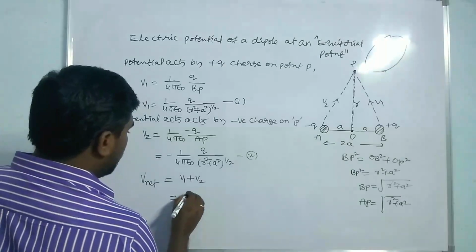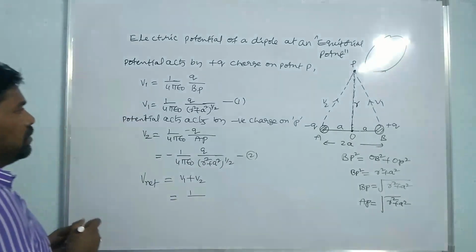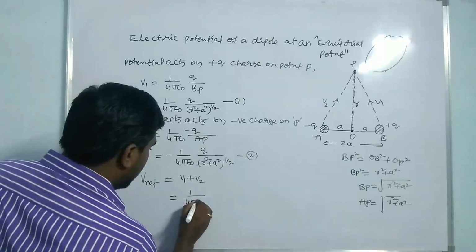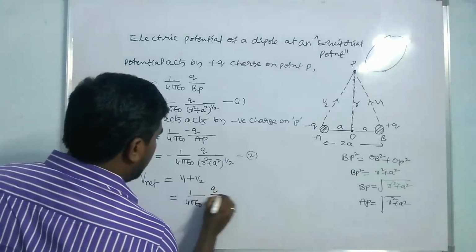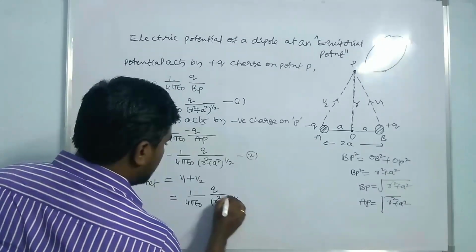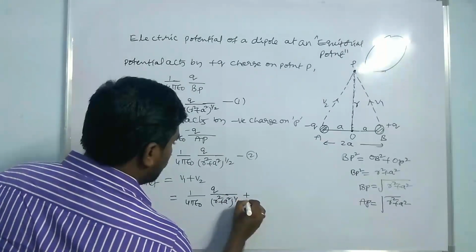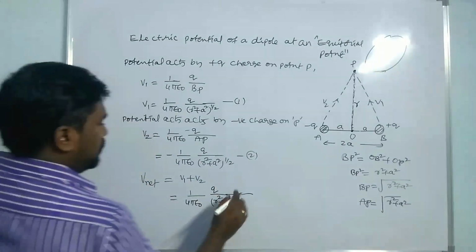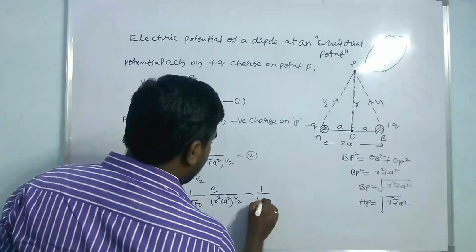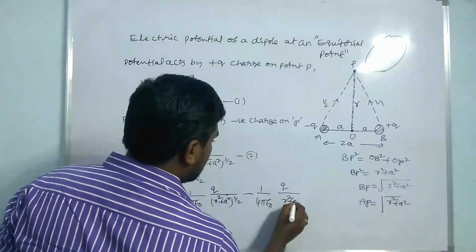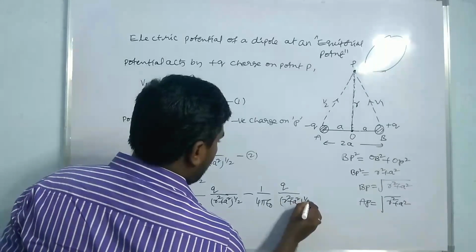Here V1 is equal to 1 by 4 pi epsilon naught Q by R square plus A square whole power 1 by 2, and plus into minus is minus 1 by 4 pi epsilon naught Q by R square plus A square whole power 1 by 2.